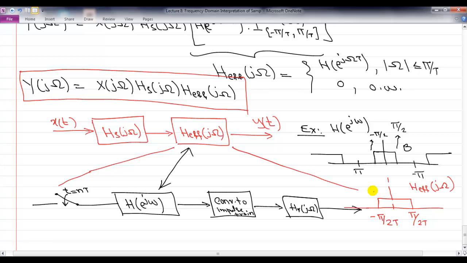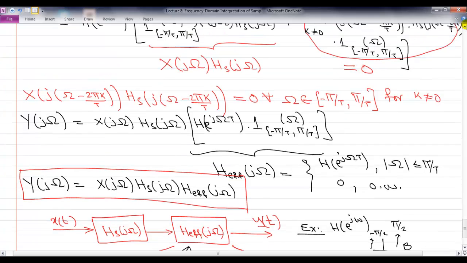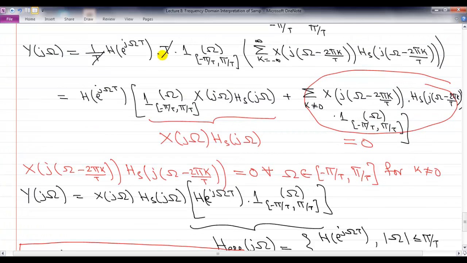The key though is, A, you have to have a band limited signal, and B, your reconstruction filter has to be ideal. Otherwise you are back to this bigger expression and you have to look at how close that big expression is to what you want.